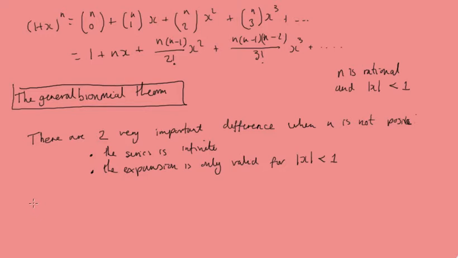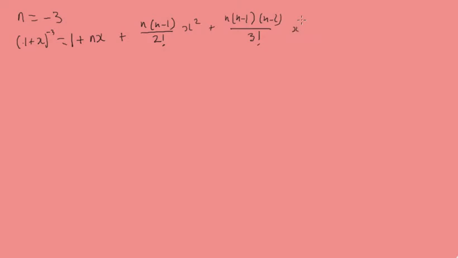So we're going to consider firstly when n equals minus 3. So when n is minus 3, we've got (1 + x)^(-3). So that's going to give us, let's write it all out: 1 + nx + n(n minus 1) over 2 factorial x squared + n(n minus 1)(n minus 2) over 3 factorial x cubed.